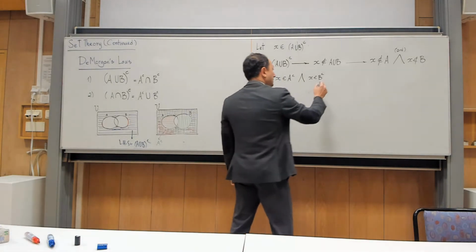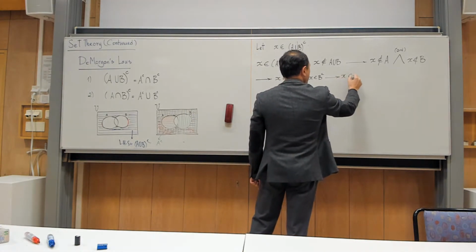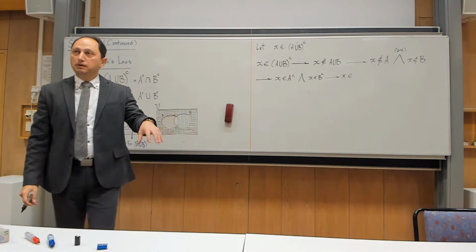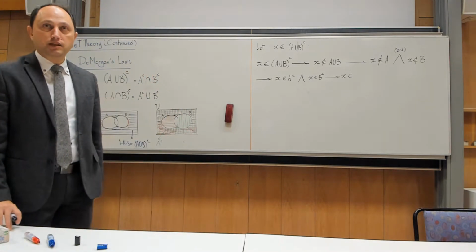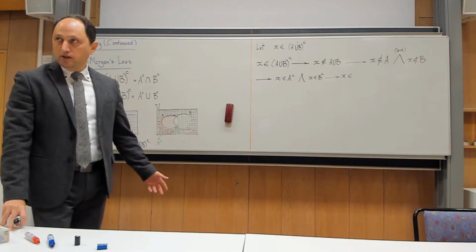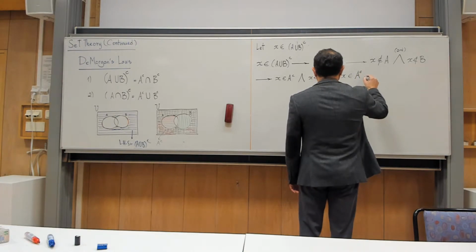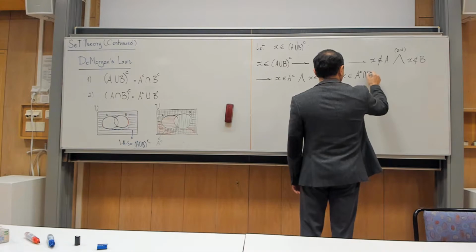So it means that you can conclude that X belongs to where? It is both in A complement and B complement. So it belongs to A complement intersection with B complement.